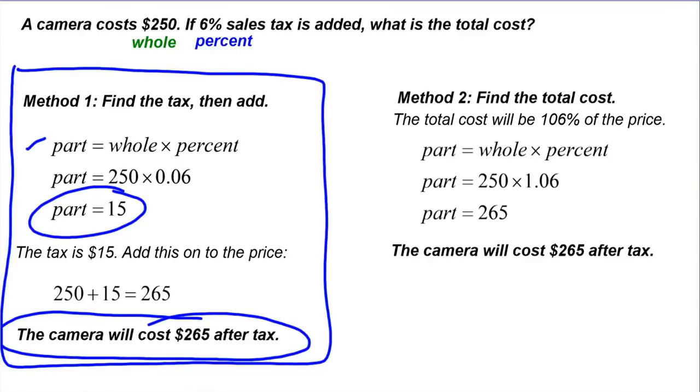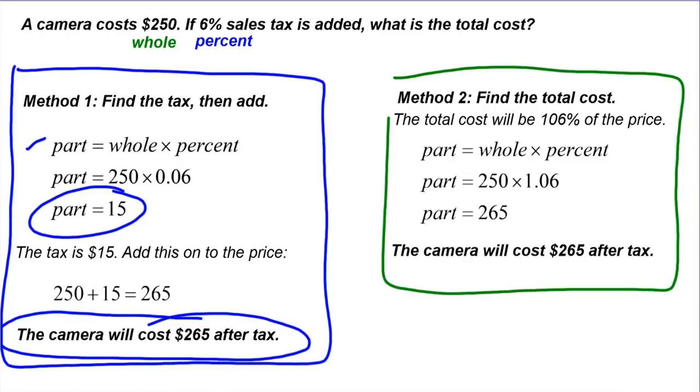The second method is a little bit faster, and that's just to find the total cost. Now here we have to think of the percent a little bit differently. The total cost will be 106% of the price, because it's 100% of the price plus 6% tax. So 100% plus 6% is 106%. So really we're trying to find 106% of 250.